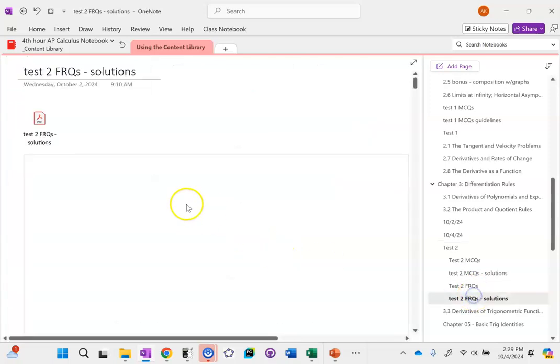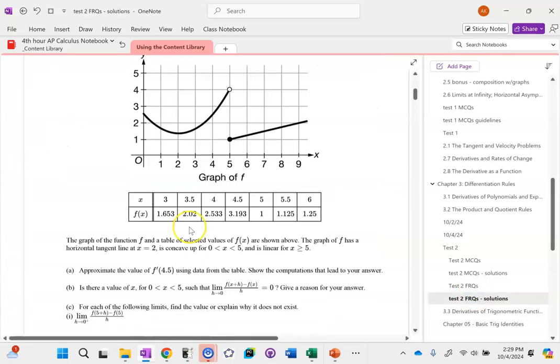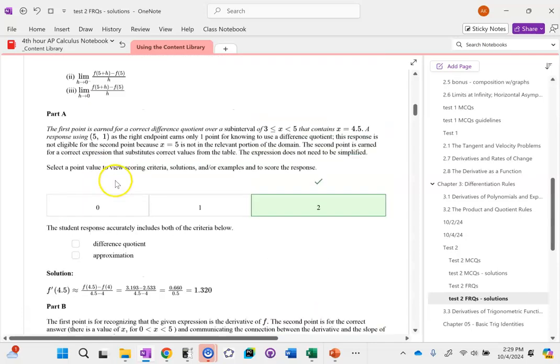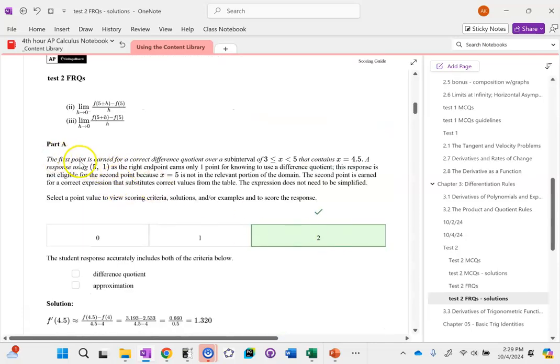When I put in the solutions, when they show you what you're looking for, the first point's earned for a correct difference quotient over the subinterval that contains 4.5. So any slope that you calculate that contains the 4.5, if you just set it up, that's the 1 point.